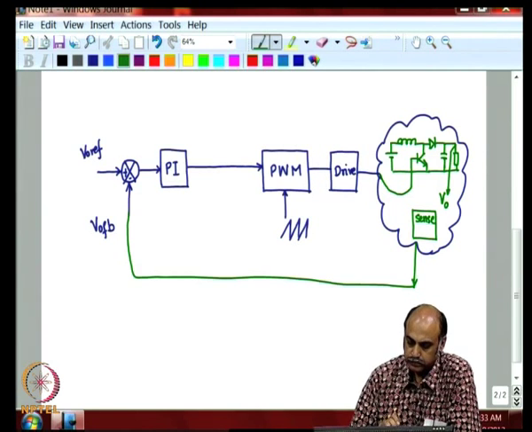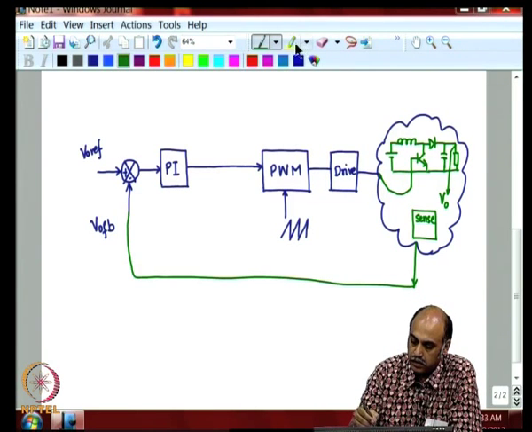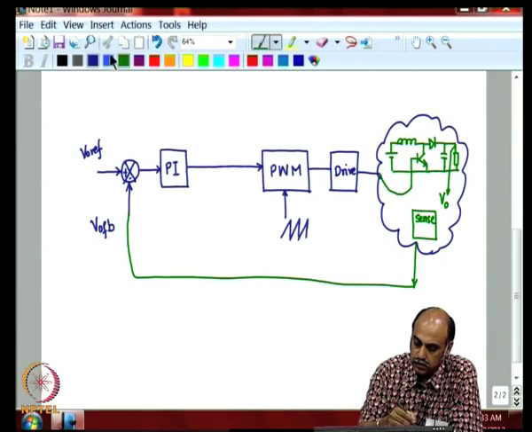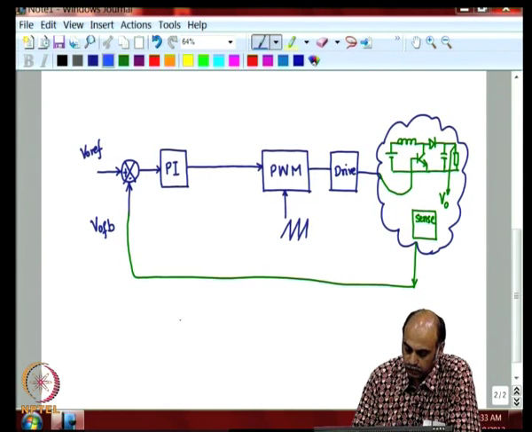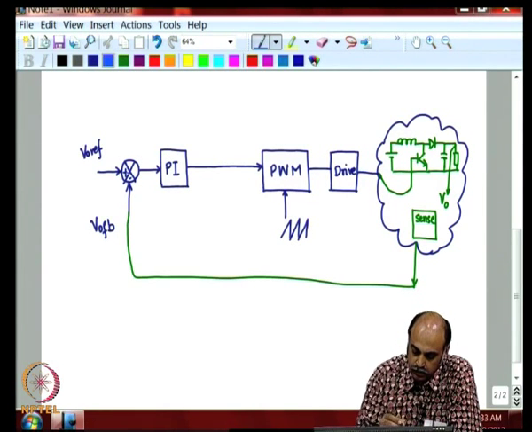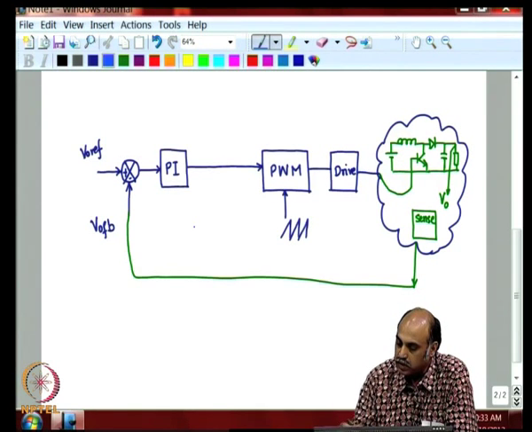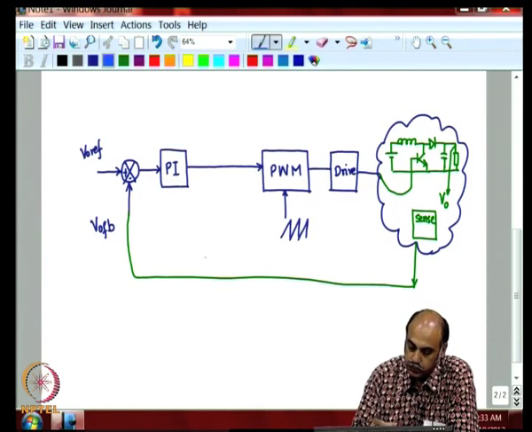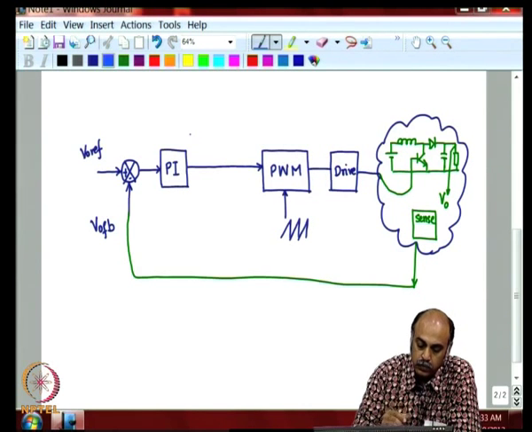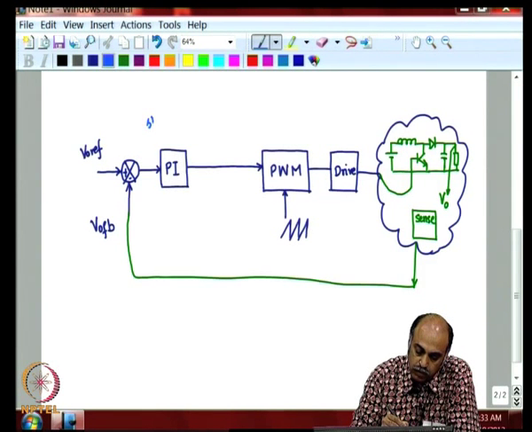Now, in the case of a switched mode converter, what we have used to design this controller is the small signal model.